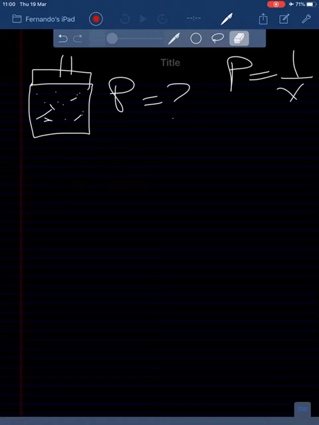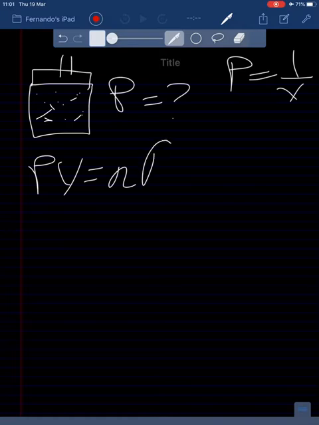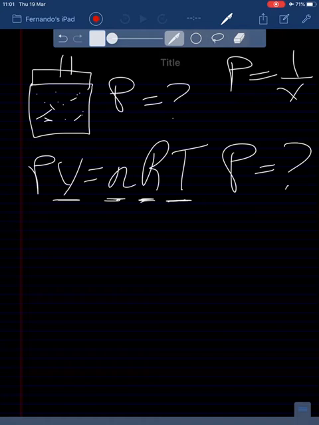P is the same as nRT over V. I need to know the number of moles, the constant of gases, the temperature at which I am going to work, and the volume in which the gas is contained. So if they are asking you to measure the pressure of this, we need to set our parameters.